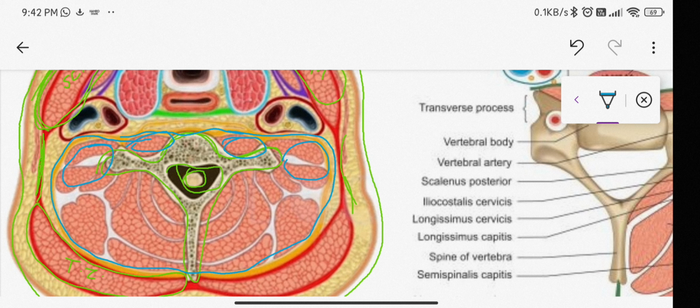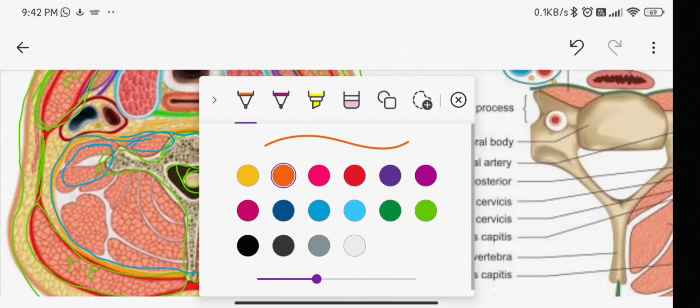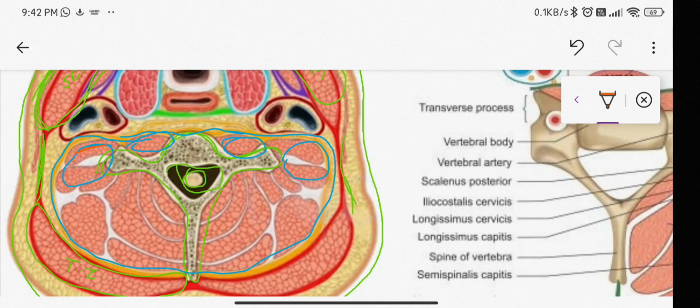Okay, so these muscles, this one is scalenus. Okay, scalenus anterior, scalenus medius, scalenus posterior. Okay, these are the 3 muscles.